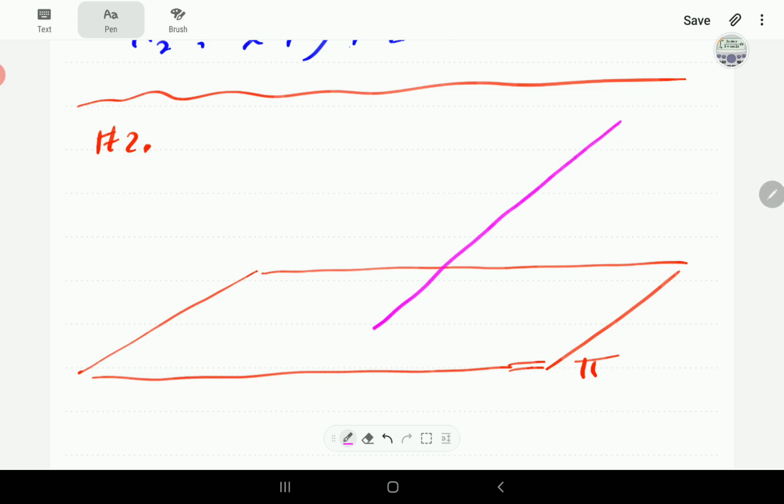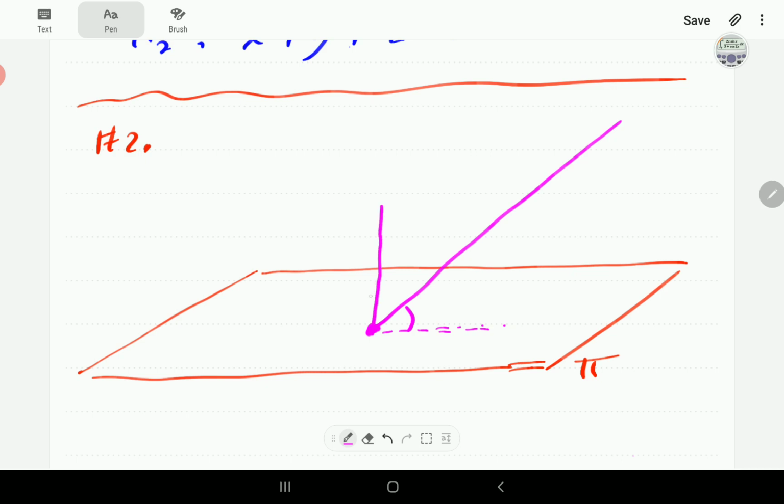So this could be our straight line, for instance. That's going to be the point of intersection. The angle of intersection will be taken to be the smaller angle between the two.